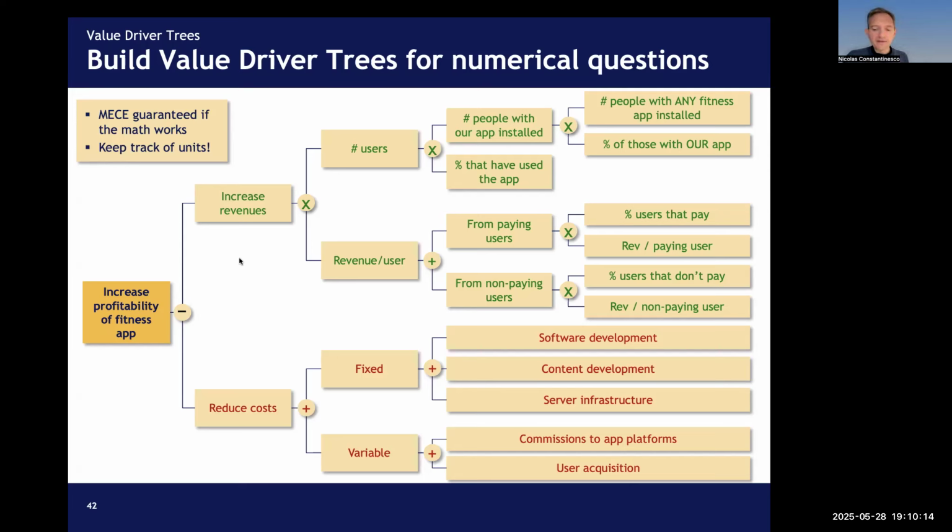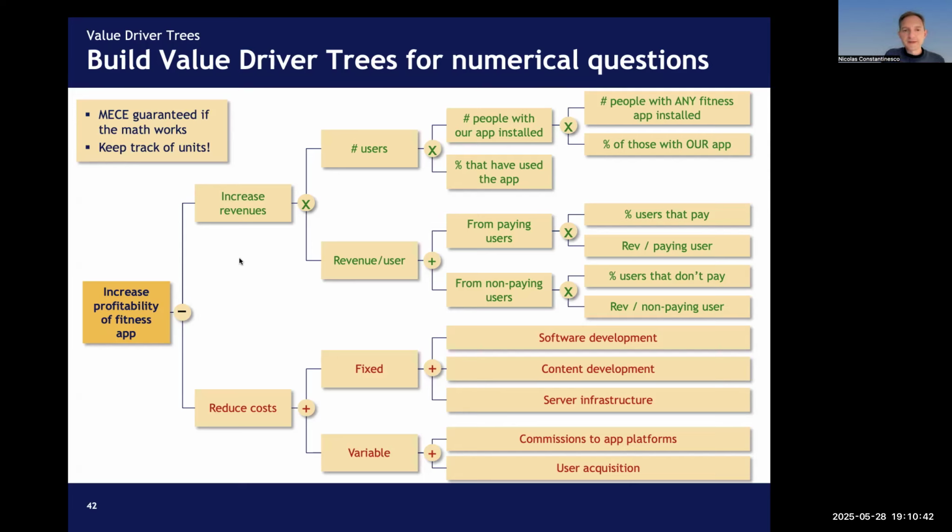And the beauty about this is that as long as the math works, which basically means you have kept track of your units and you have not made a mistake with the units, it's going to be MECE. So basically, it's going to be logically ultra robust, because math is just a very specific form of logic.